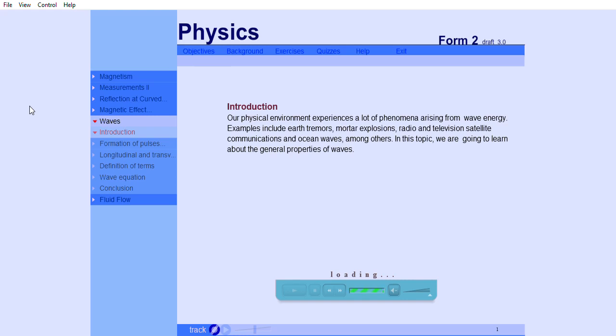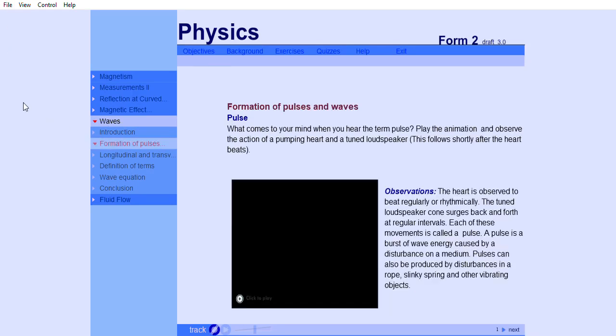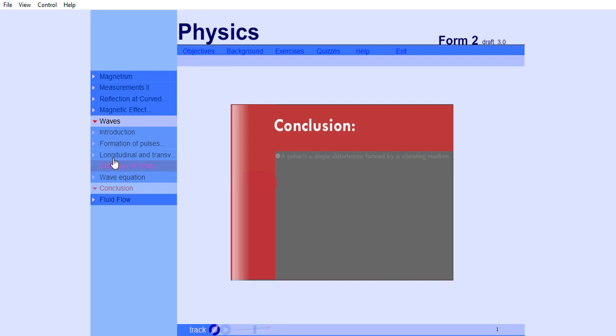In this topic, we are going to learn about the general properties of waves. Formation of pulses and waves. Pulse. What comes to your mind when you hear the term pulse? Play the animation and observe the action of a pumping heart and a tuned loudspeaker.